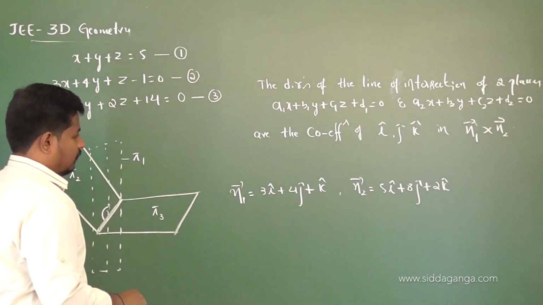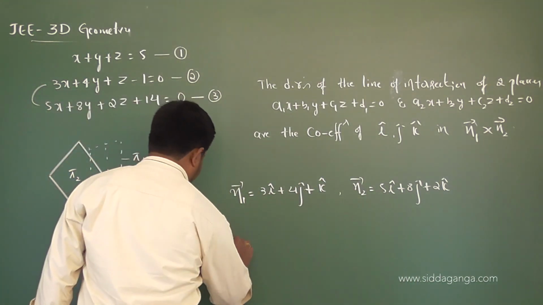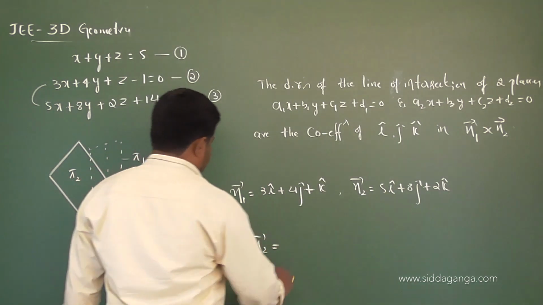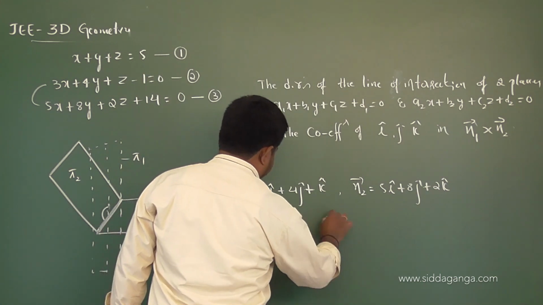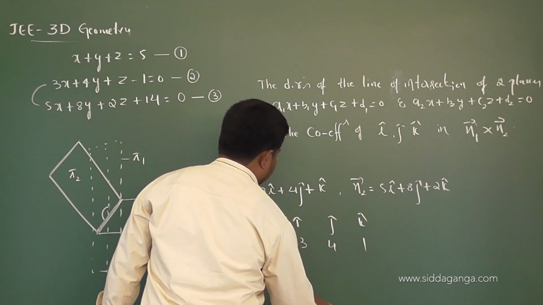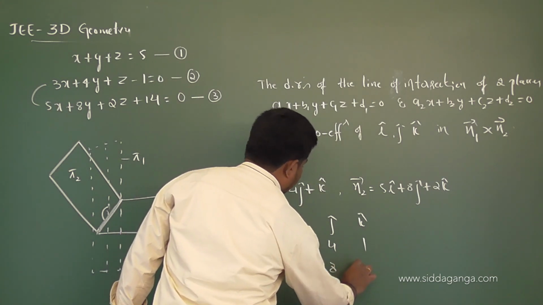Now let me find n1 cross n2. n1 cross n2 is equal to the determinant of i, j, k, 3, 4, 1, 5, 8, 2.